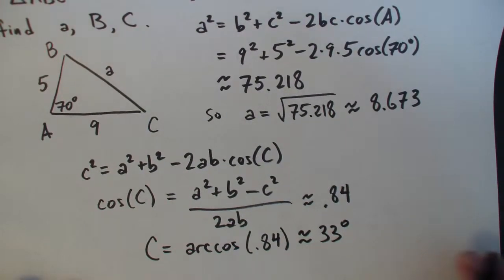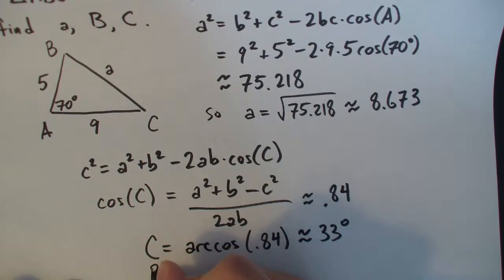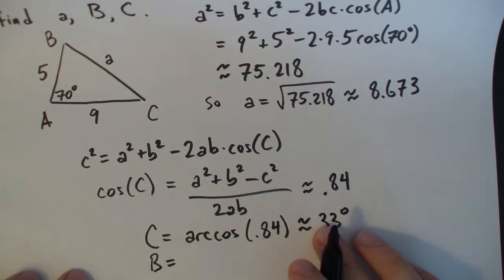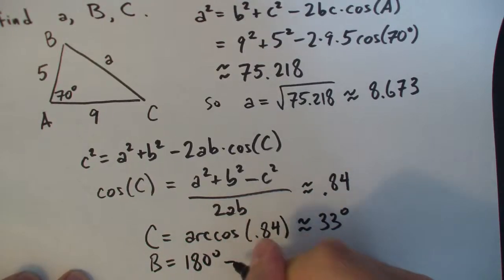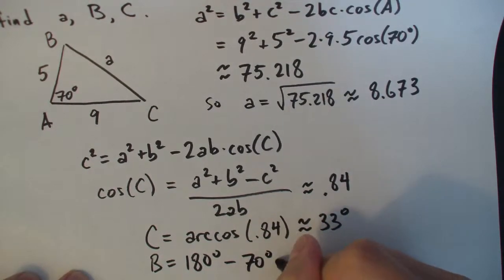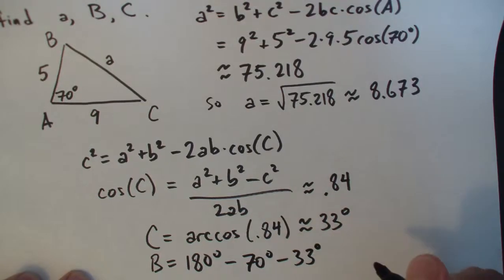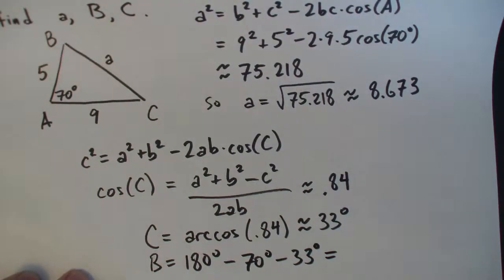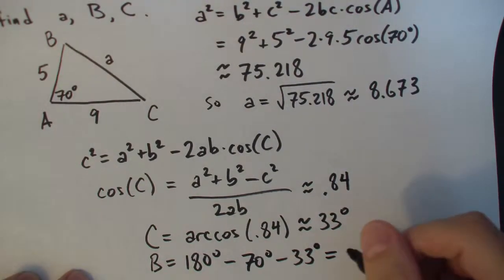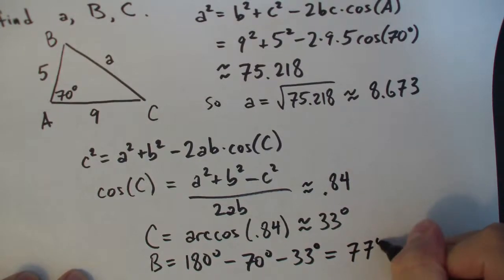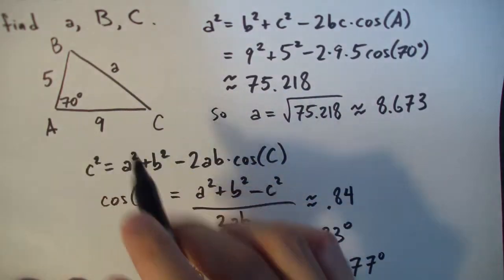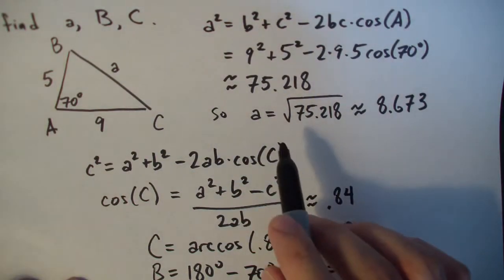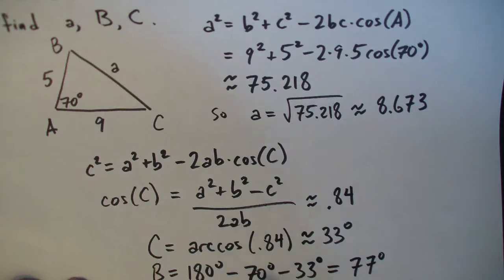So that's what C is, and then to find B, we just need to take 180 minus angle A and angle C. So 180 minus 70 minus 33. So that's 180 minus 103, which is 77 degrees. So that's what B is. So again, in a side angle side situation, we use the law of cosines to find the unknown side and then the unknown angle.